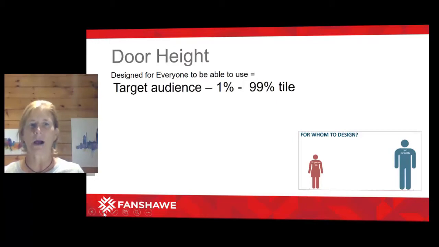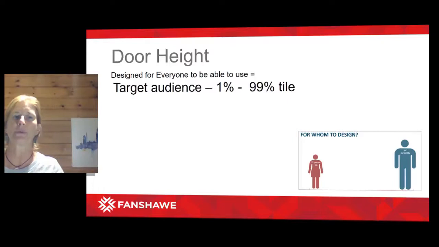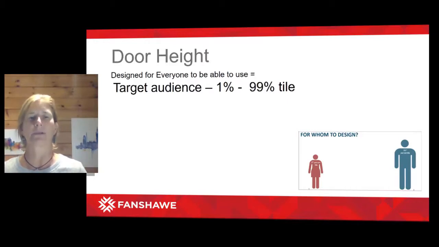So our audience is that everybody should be able to walk through a door. So our target audience is from the smallest to the very largest, basically the 1st to the 99th percentile. So what we would do in this case, a lot of the tables will tell us those heights.